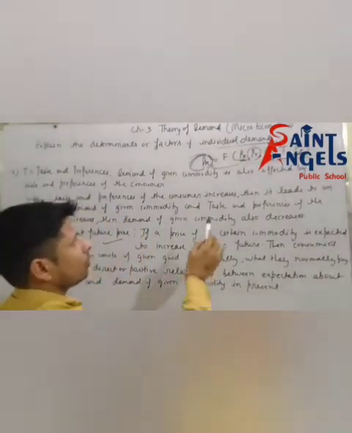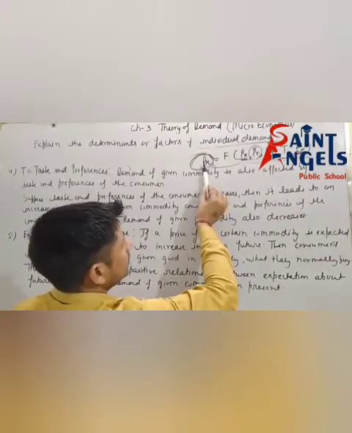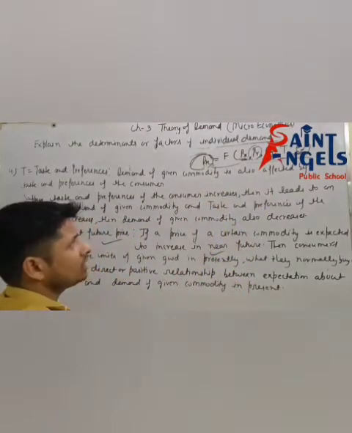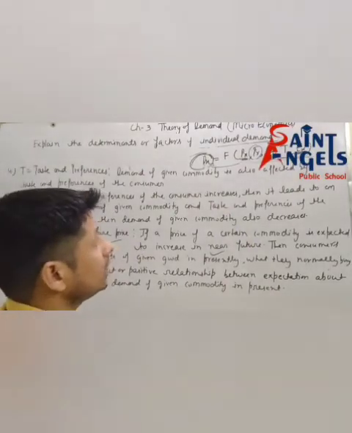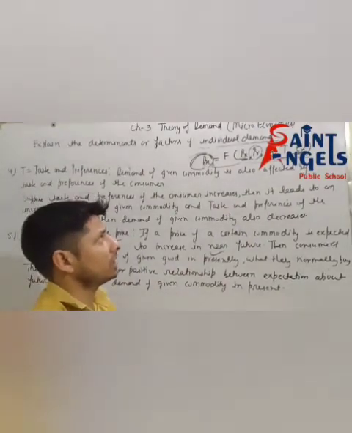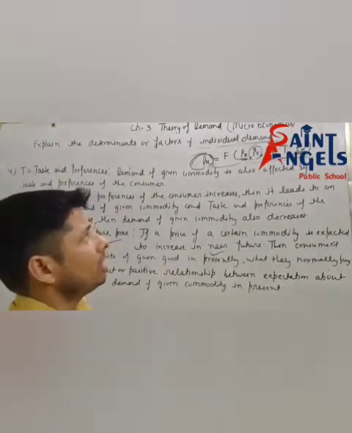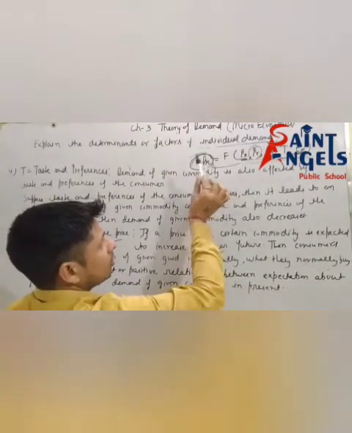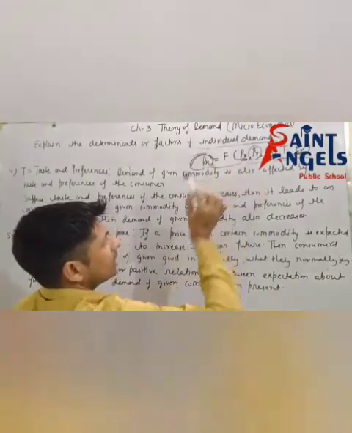Now see next, what is the relationship between demand of given commodity and price of given commodity? There is a negative or inverse relationship between demand of x commodity and price of given commodity.